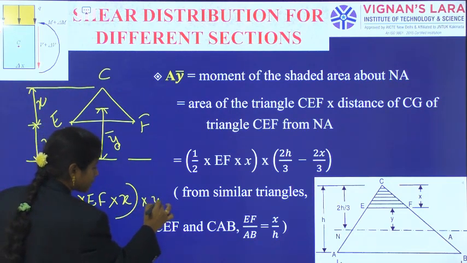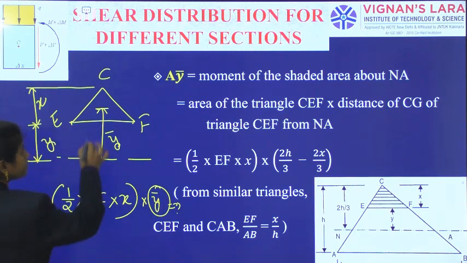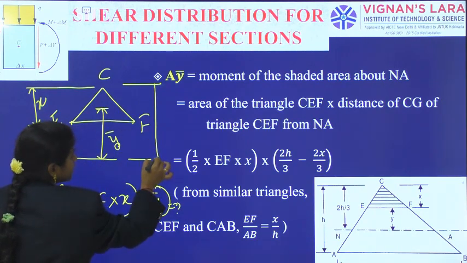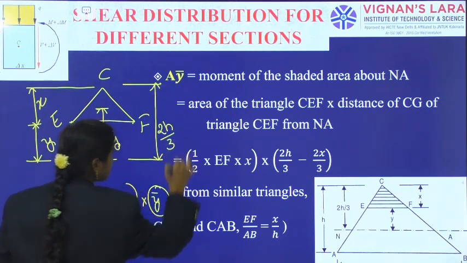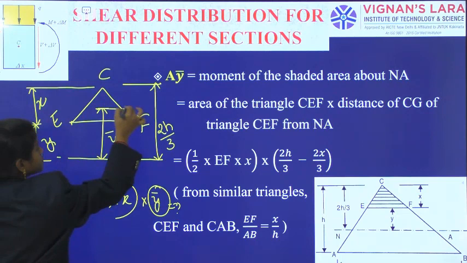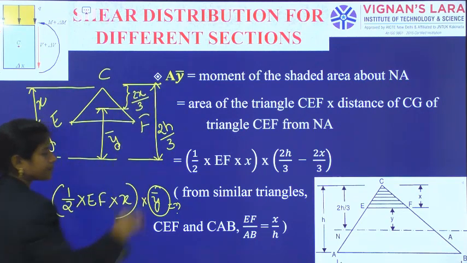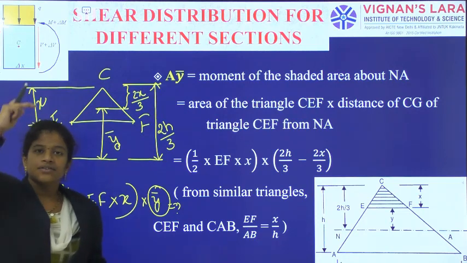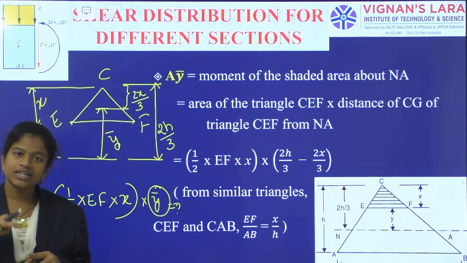into y bar. Y bar, how will it come? Y bar comes when you know this total distance. Up to the neutral axis I know it as 2h by 3 and up to this portion I know this height as 2x by 3. When the height is x, from the tip that is 2x by 3. When the height is h, from the tip that is 2h by 3.